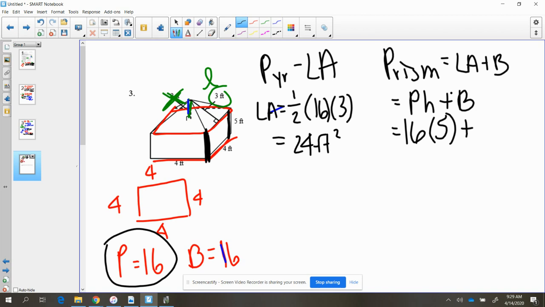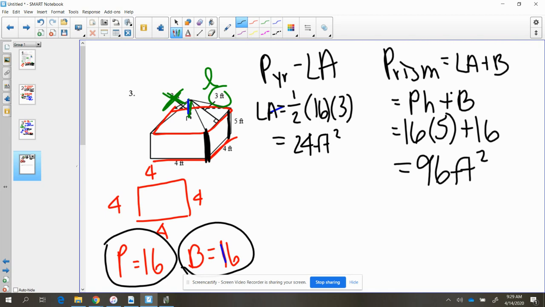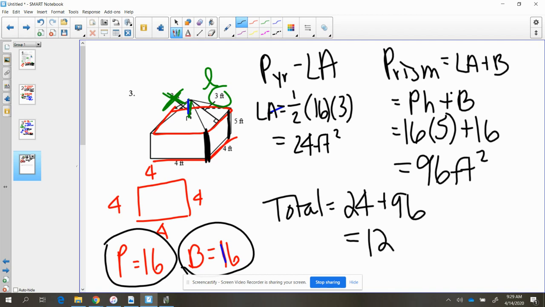And the area of the base again is the same as it was for the pyramid. So 16 times 5 plus 16 is a total of 96 square feet. Now, in order to find the total area, what are we going to have to do? Well, we're going to add together those two answers that we got for a combined total of 120 square feet.